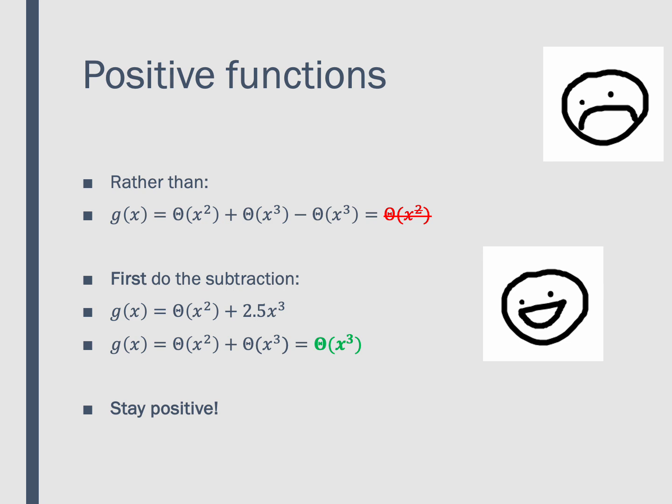So the key takeaway: when working with asymptotic bounds, always focus on positive contributions to the function growth. Subtracting can lead to errors if we don't carefully consider which terms dominate. And of course, stay positive both in math and in mindset.